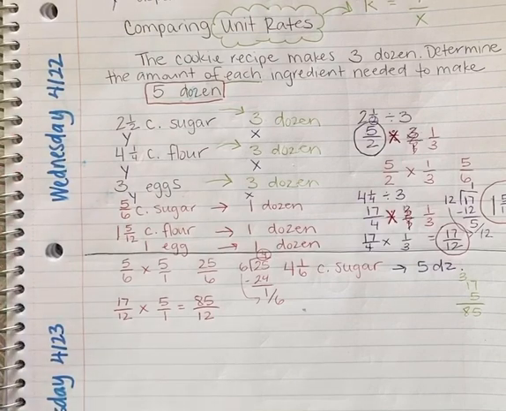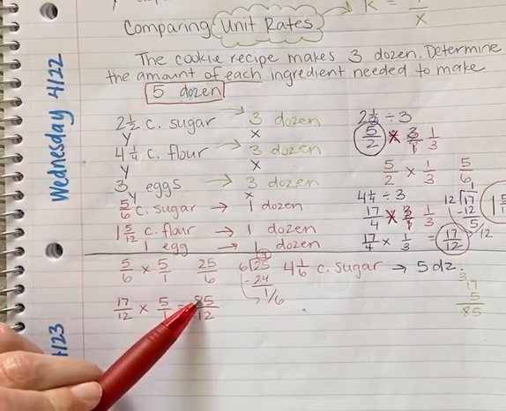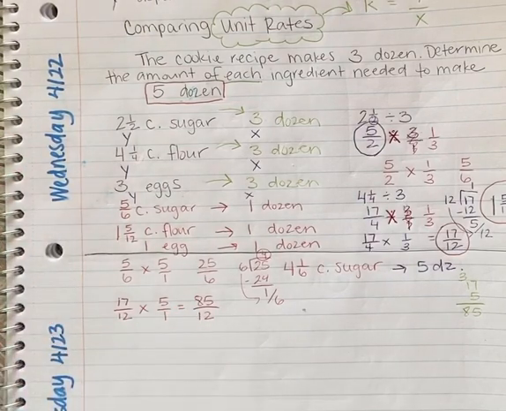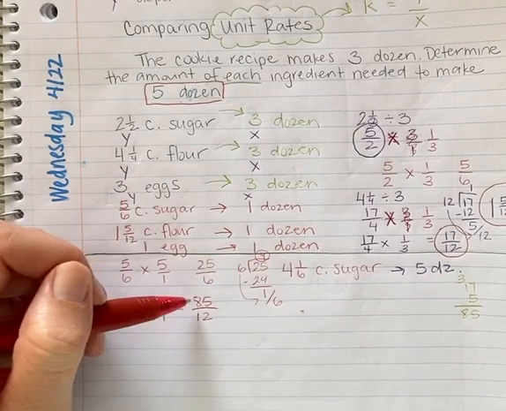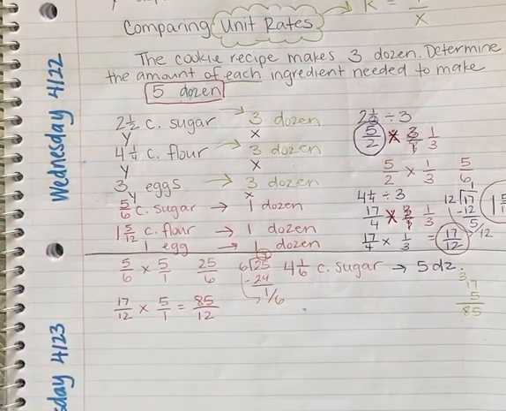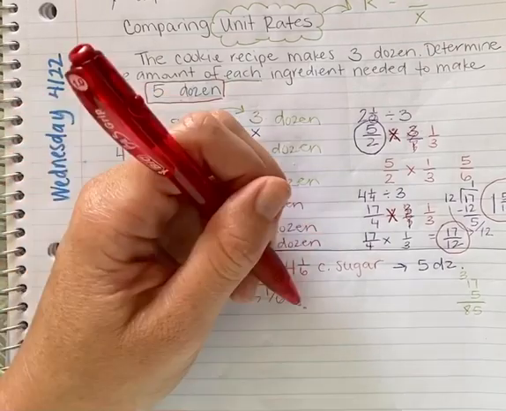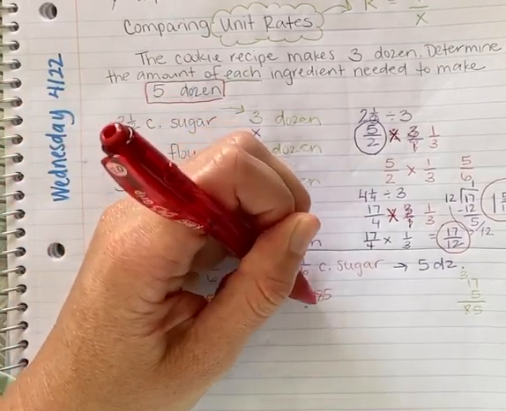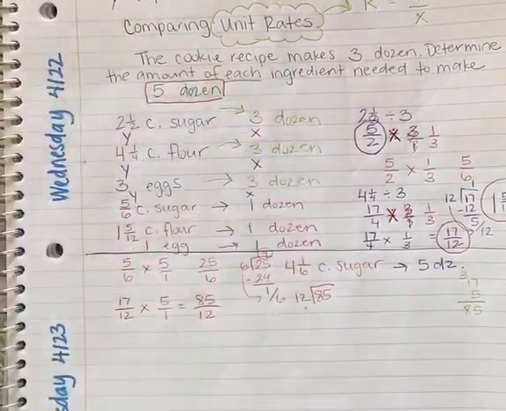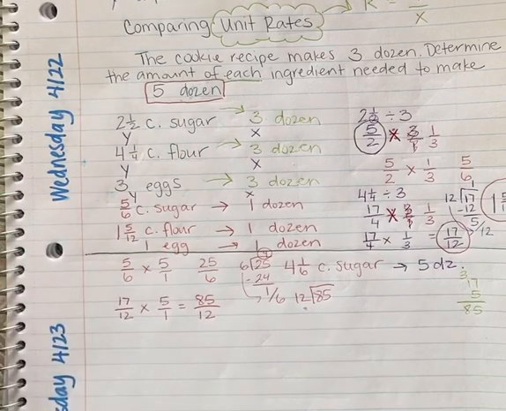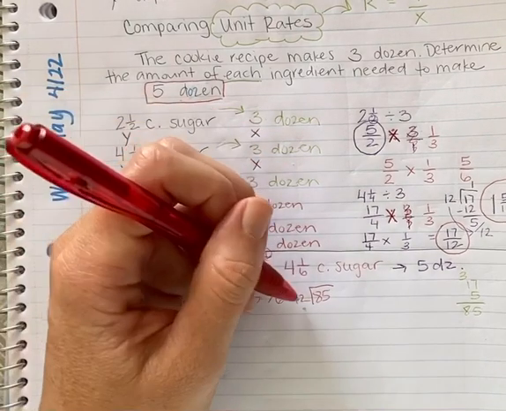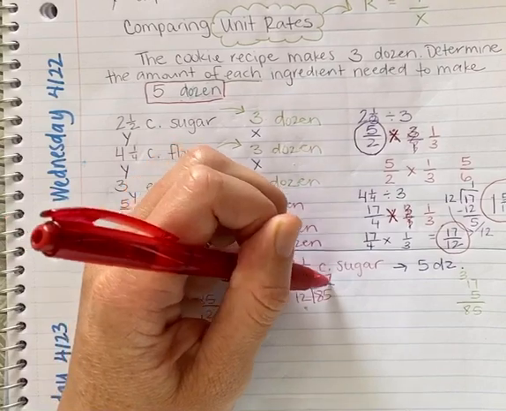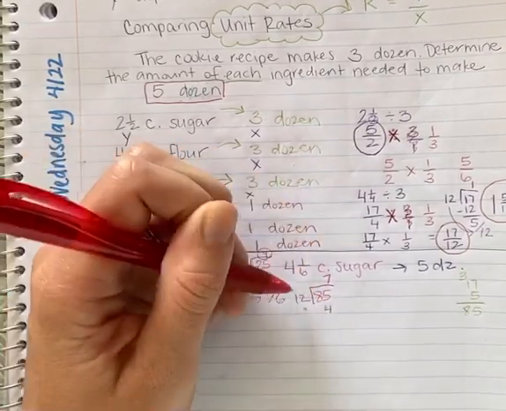Now, if I said, oh yeah, you're going to make cookies and you're going to need 85 twelfths cups of flour, that doesn't really make sense to us. So that's why we convert it back into a mixed number. So 85 over 12 is the same thing as doing 85 divided by 12. 12 goes into 85. I believe it goes in 7 times. 7 times 12 is 84.